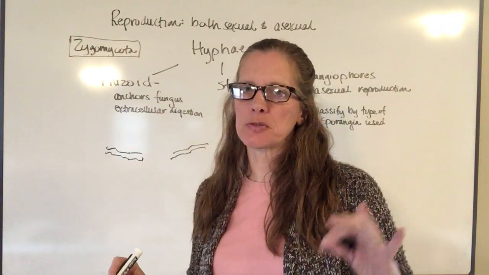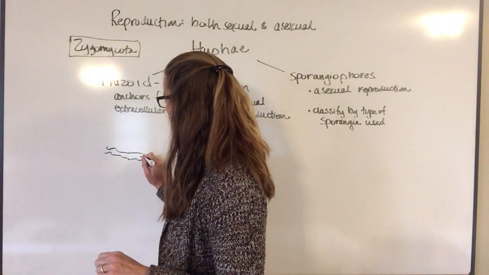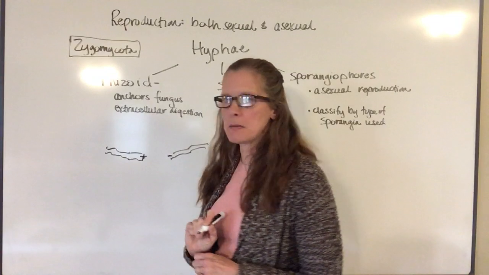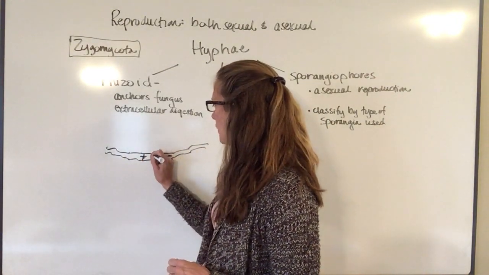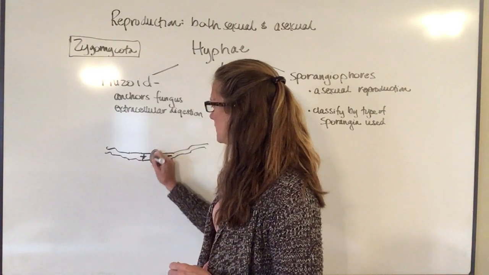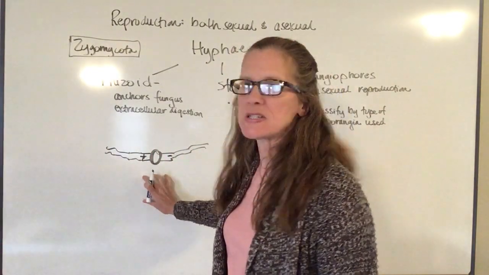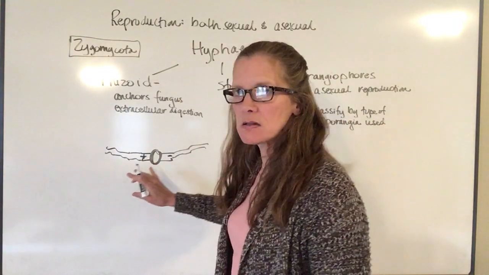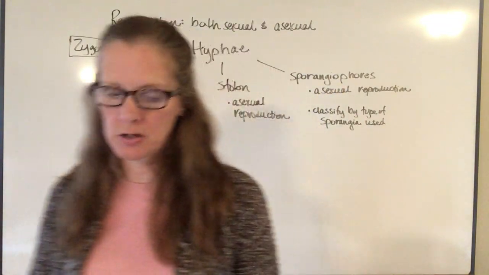Instead, they're classified as plus and minus. And so if this happens to be a plus type of structure, and this one happens to be a minus type of structure, they come together, and then they're going to fuse, and then you're going to have a zygospore produced as a result of this sexual reproduction. Once this happens, a new mycelia is formed, and then it's going to start growing its own fungus from there.